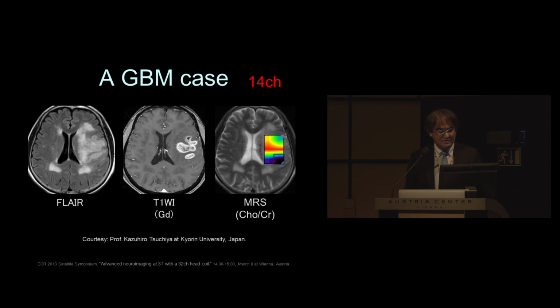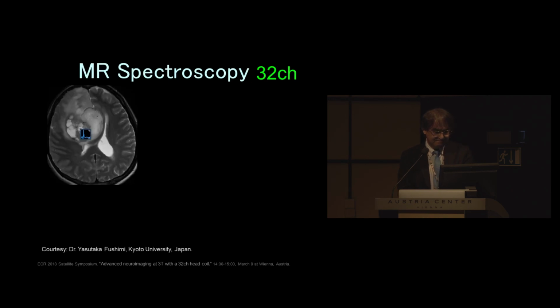It can be clearly visualized. And if you apply a gadolinium contrast material, you can see this kind of high contrast enhancement. And also, you can see the MR spectroscopy, the elevated choline level at the enhanced area.